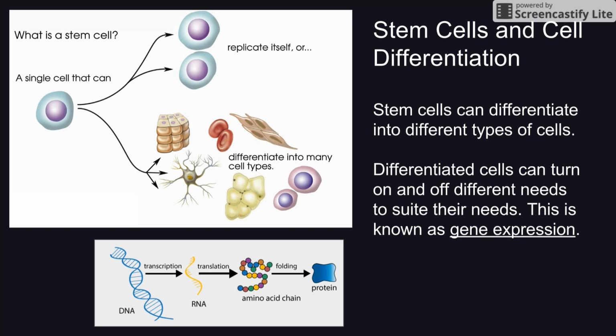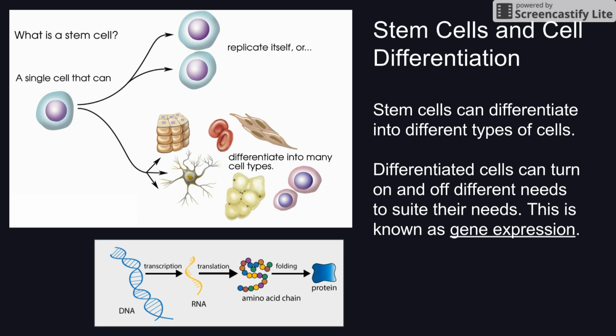And the other definition on here is differentiated cells. This is just saying that you can take that stem cell and differentiate it into any of those types of cells. And this is done by gene expression. So remember that every single cell in your body has the same DNA in it. You don't have random bits of DNA in your liver cells and your skin cells.